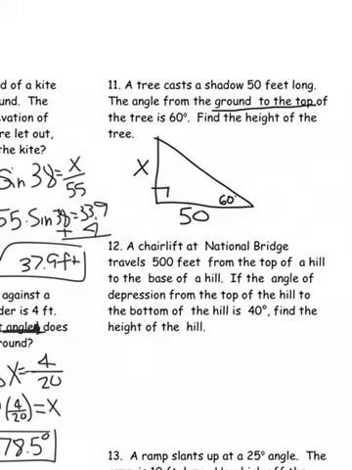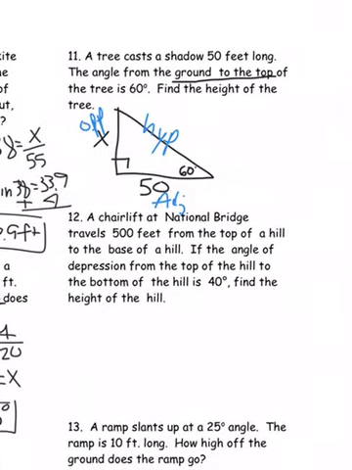So again, once you set it up, from 60: opposite, adjacent, hypotenuse. We have opposite, we have adjacent, that's going to be tangent.